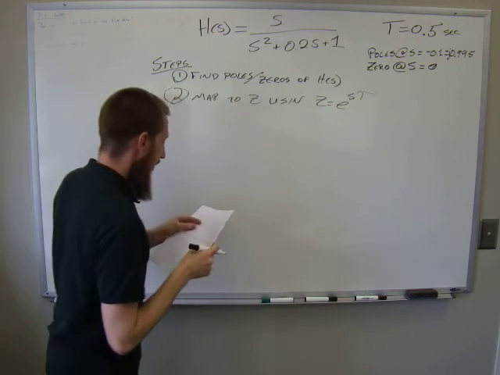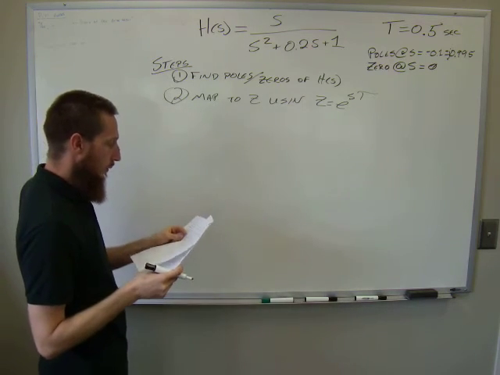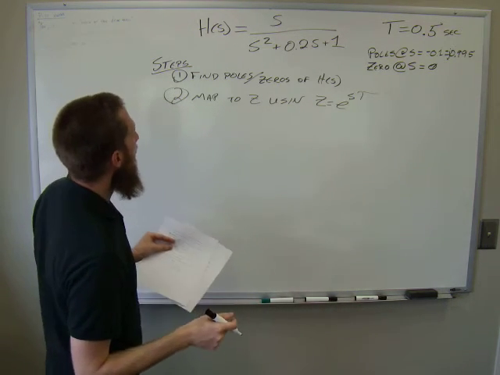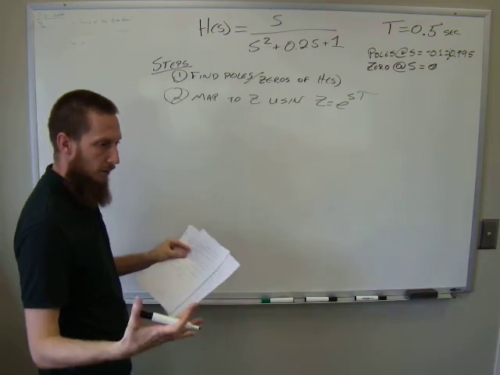Step 2 is to map to the z-plane using z is equal to e to the sT. The form that we want to put this in is the product form.